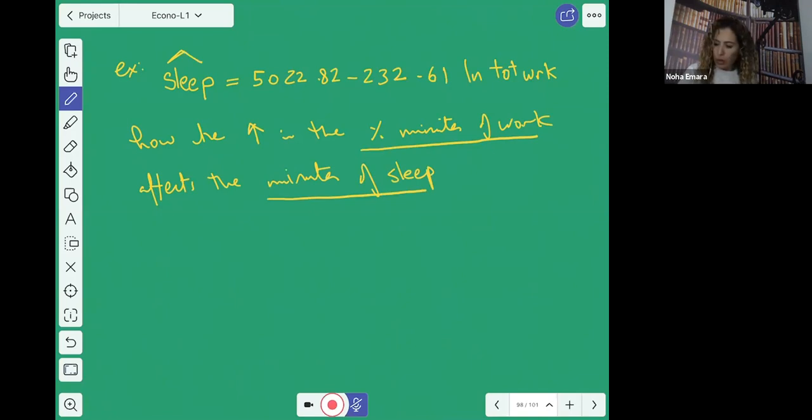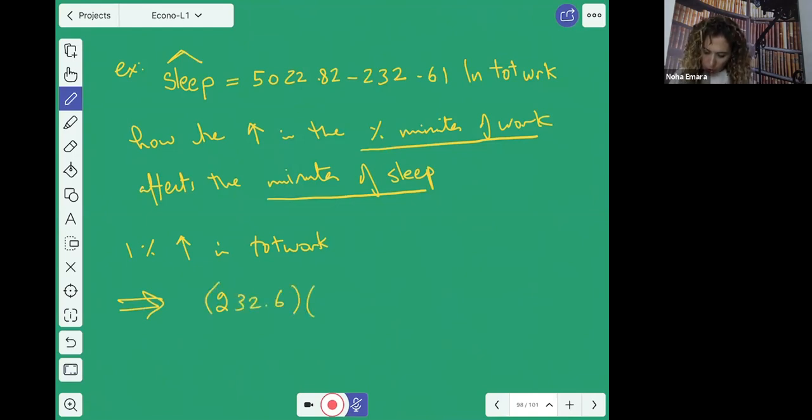If I give you a model like that and ask what the effect of a 1% increase in total work is, where total work is in minutes, how many minutes you work per day, a 1% increase in total work would bring 232.6 times 1 over 100, which is 0.01, and this gives you 2.326 minutes.